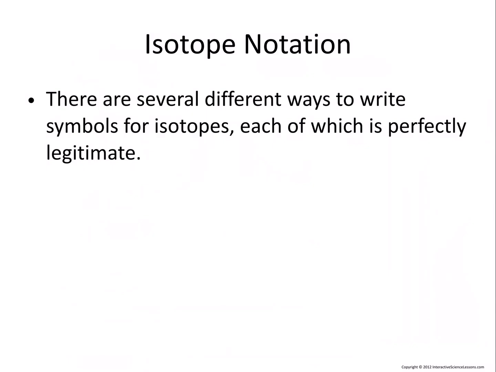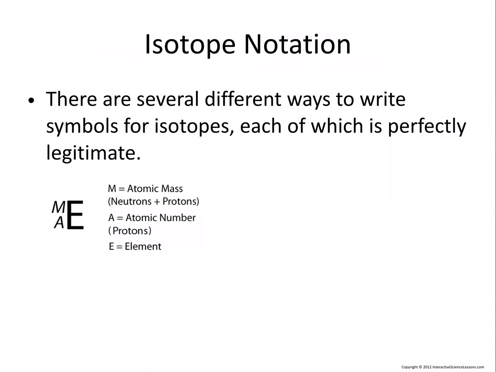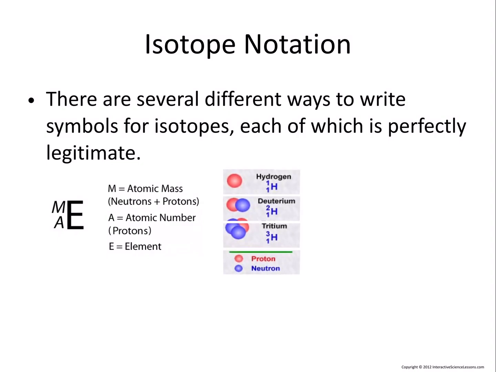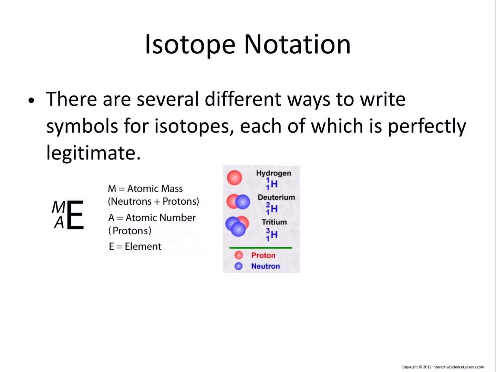Okay, so because there's different kinds of isotopes, we've got to have some way to write them down. So when you look at a typical element, letter E for the element, we have the mass number written above and the atomic number written below. Now here are our forms of this element, and if you're going to describe hydrogen properly in terms of isotopes, you could see that the atomic number is written as the subscript, so that's H with the subscript 1.